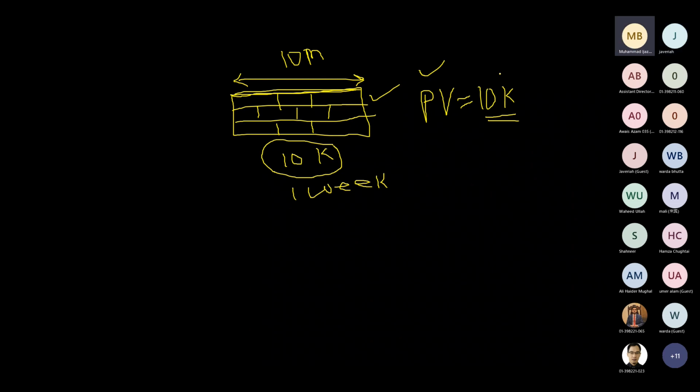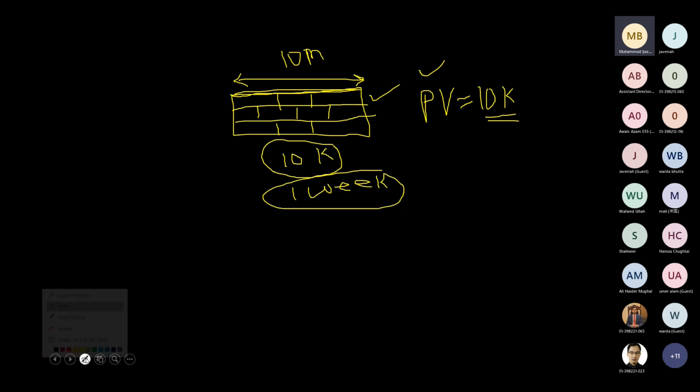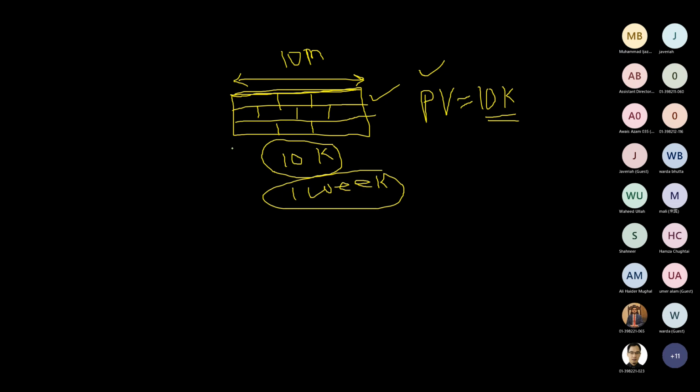What is the approved budget for the first week? 10,000. So that means planned value is the approved budget for a planned work, right? Now everyone is with me. These are very important concepts that you need to understand.